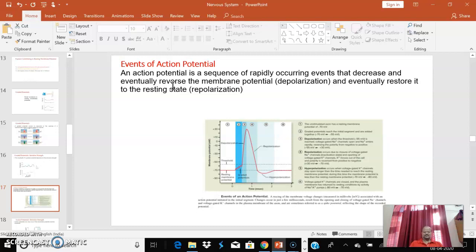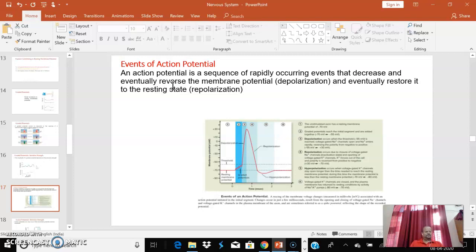As you know, the charges are changed across the membrane, and the action potential tries to restore the ionic concentration. During this event, in the depolarization phase, the negative membrane potential becomes less negative, reaches zero and becomes positive.